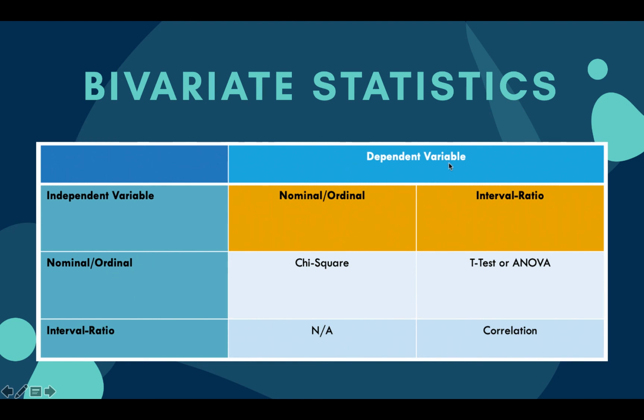And then you have a dependent variable that is interval ratio, meaning, I don't know, something like IQ score, right? That has numbers attached to it. We'd say we could use a t-test or an ANOVA. We could say, does the mean IQ score differ by political affiliation or group membership, right? So do Democrats have higher or lower IQ scores than Republicans? Or do Democrats have higher or lower scores than Republicans or independents or others, right?